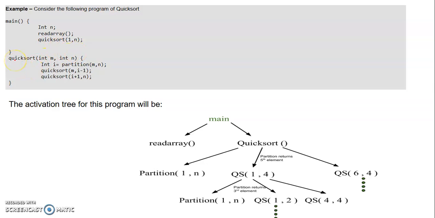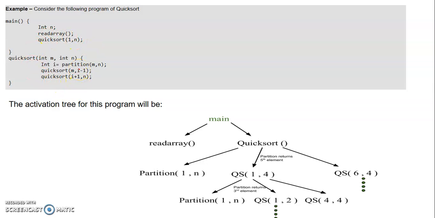Quicksort, we know, is a recursive function having the parameters m and n, and this is how Quicksort is being solved. My purpose is not to explain how Quicksort is to be coded, but when this particular program gets executed, how the activation tree will be.